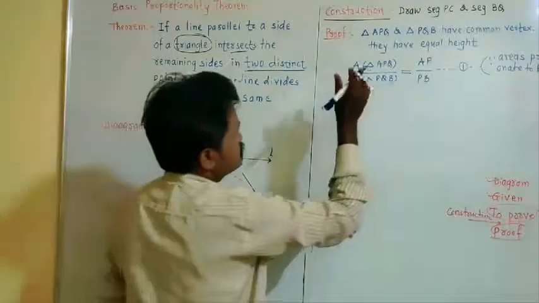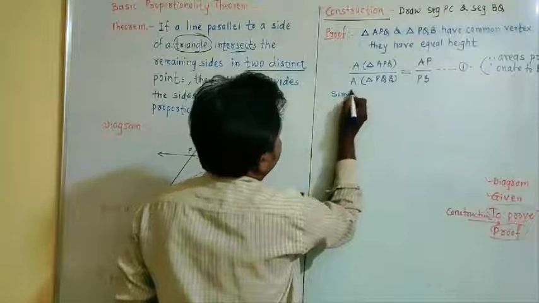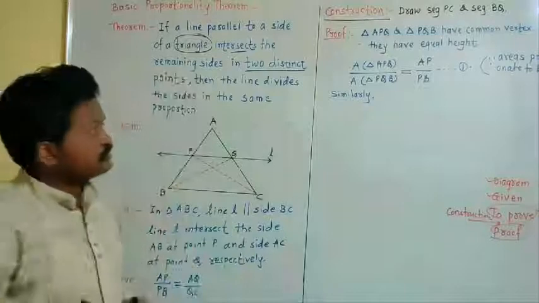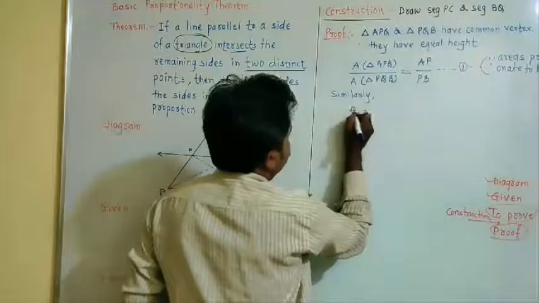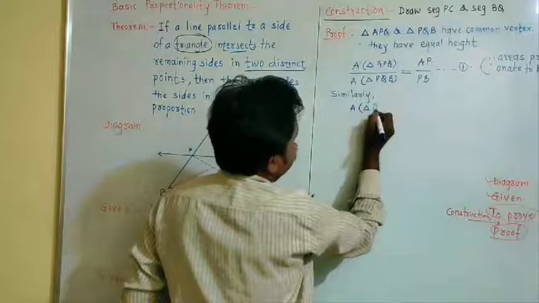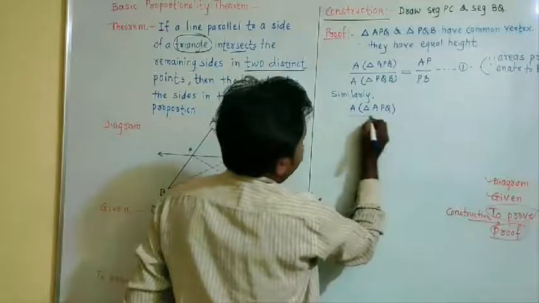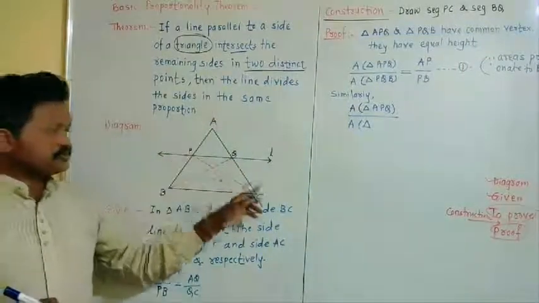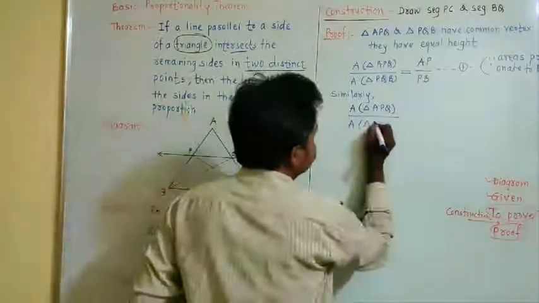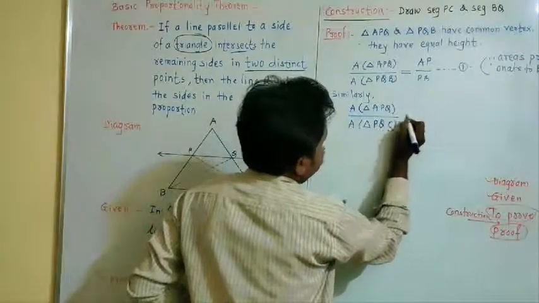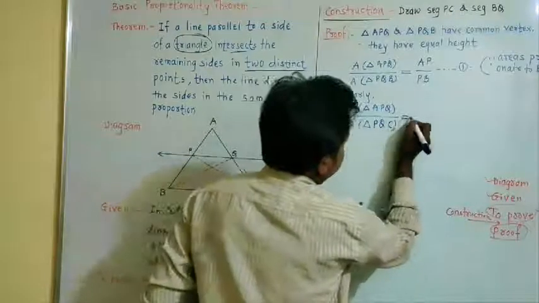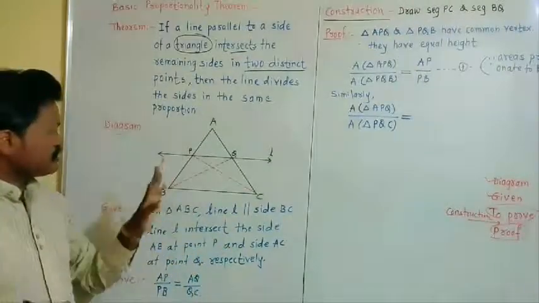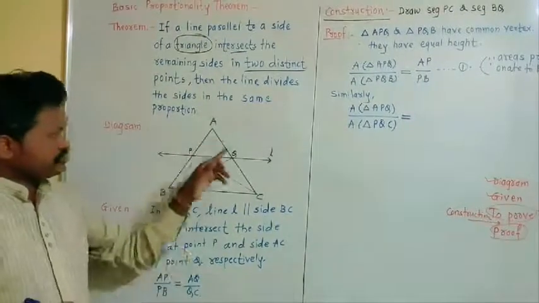Similarly, we can write area of triangle APQ upon area of triangle PQC is equal to, these two triangles also have common vertex P and different bases AQ and QC.